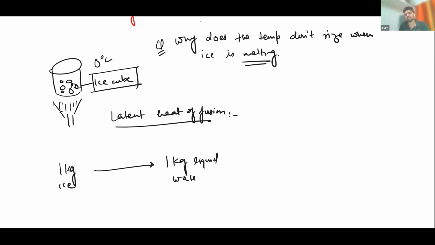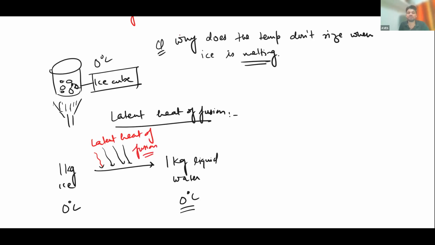The condition is that it should be at 0 degree temperature, all the water should be at 0 degrees, and the temperature should not rise, and still the process is including heat. So this heat is known as latent heat of fusion. What is latent heat of fusion?